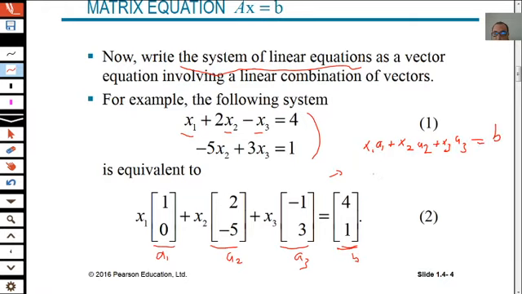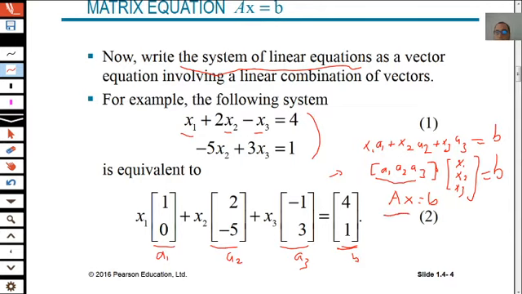And from here we have a matrix with columns a1, a2, a3 times the vector with components x1, x2, x3 is equal to b. Shortly, this can be written as A times the vector x, the variables of the linear system, is equal to b.